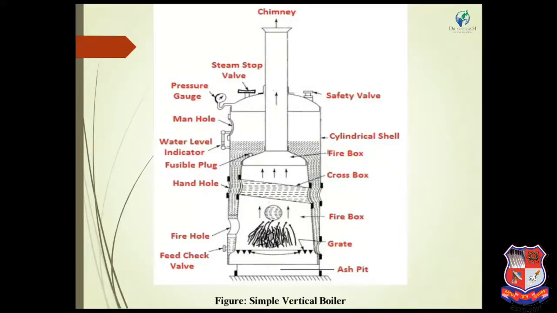Secondly, the water side. We have to fill water inside the boiler. The dotted mark shows the water inside the boiler. From the heat absorption of the flue gases, the water is heated and circulates internally by natural circulation due to density difference, meaning higher density water comes from the bottom side and lower density water goes to the upper side of the boiler.